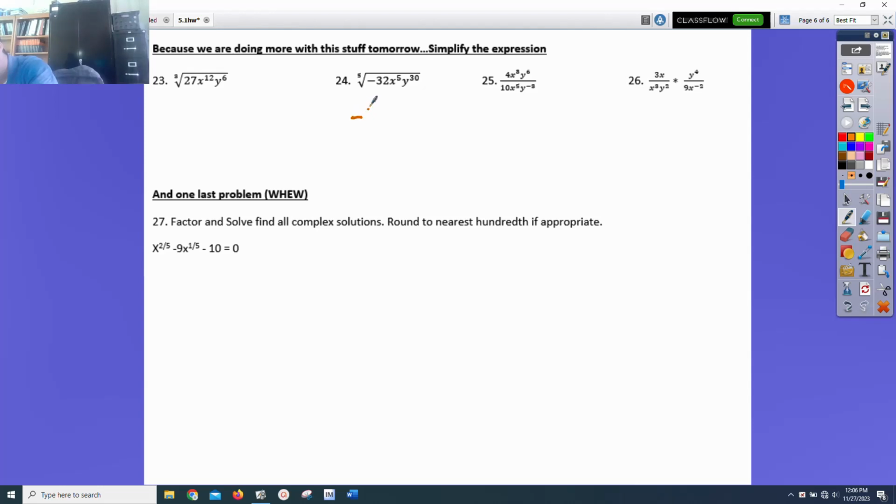So negative 2. The fifth root of x to the fifth is x, because 5 enters 5 one time. The fifth root of y to the 30th is y to the 6th, because 5 enters 30 6 times.